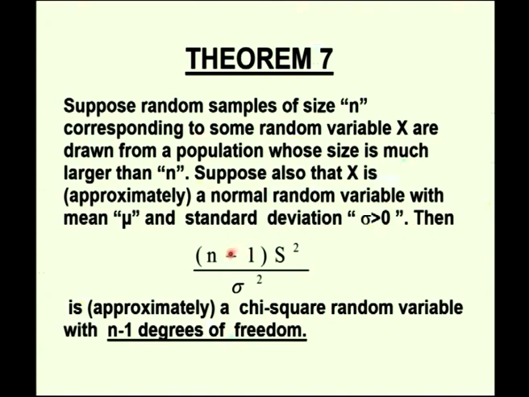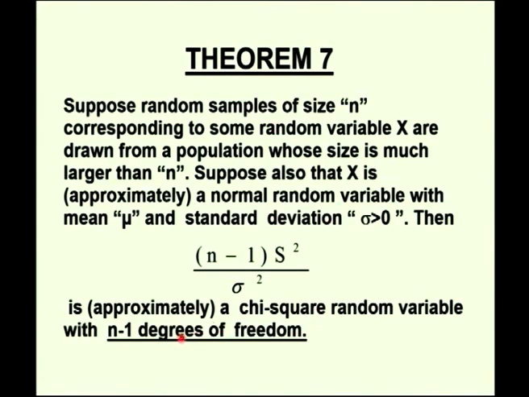Then n minus 1 into s square by sigma square is a chi-square random variable with n minus 1 degrees of freedom. We have seen when zi is a standard normal random variable with the mean 0 and standard deviation 1, then the summation of all such standard normal variable squares becomes a chi-square random variable with k degrees of freedom.